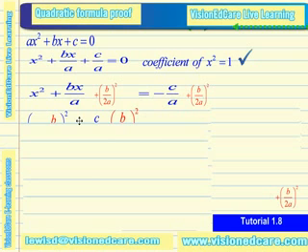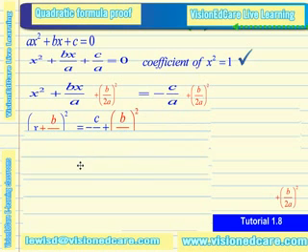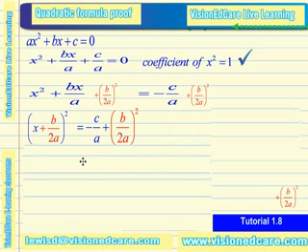So we would have x plus b over 2a all squared. This part of the expression, when expanded, gives you the same answer as what we have in the top line here. It's the same thing, because this is a perfect square, and the perfect square can be expressed as x plus b over 2a all squared.